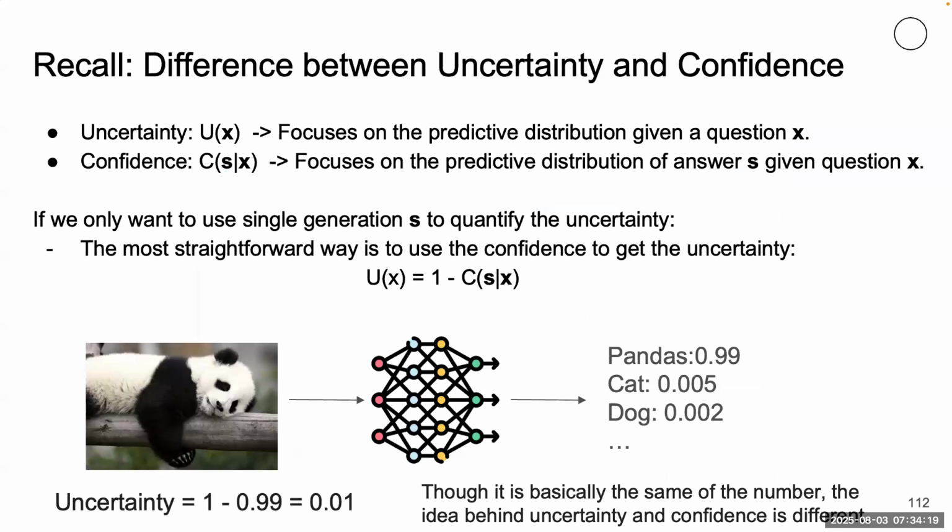Before we see the technical detail, let's first see the key idea of single round generation methods. Recall that previously we defined uncertainty as focused on the predictive distribution given a question over all the possible generations, and confidence as focused on the predictive distribution over an answer given a question. Here, since we only generate one sequence, the assumption is that your confidence from one output can reflect the uncertainty.